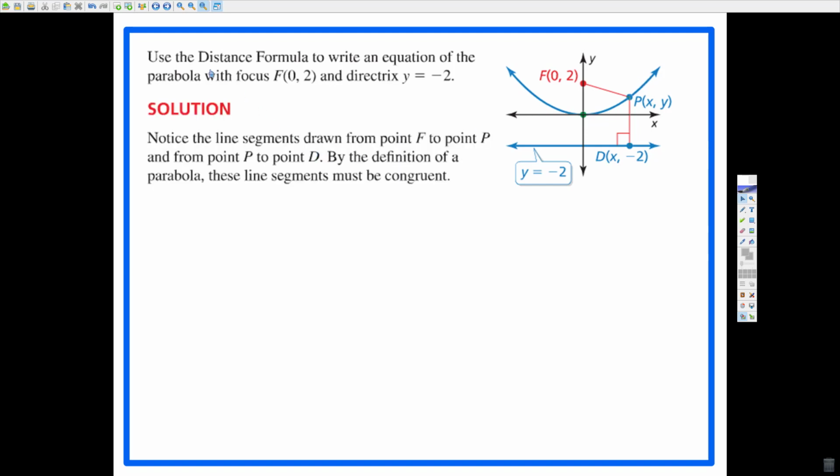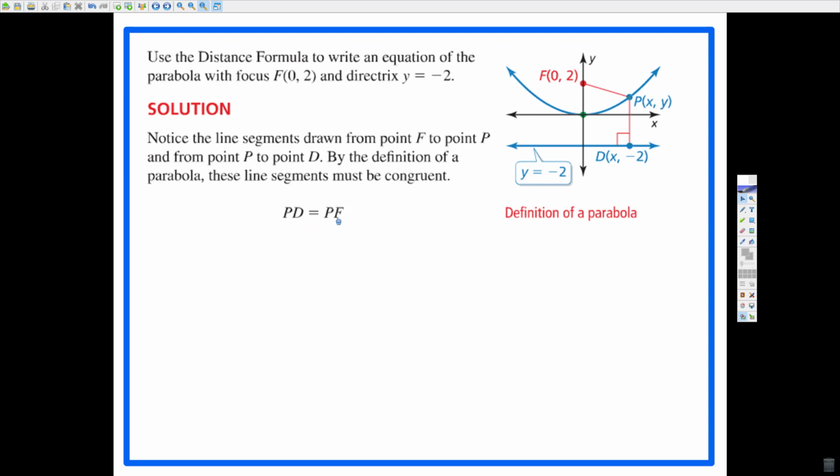So if it says to use the distance formula to write an equation of a parabola with the focus and they give it to you, and the directrix is y = -2, we can go back to our geometry and say, all right, well, the distance from FP must be equal to PD according to this problem.